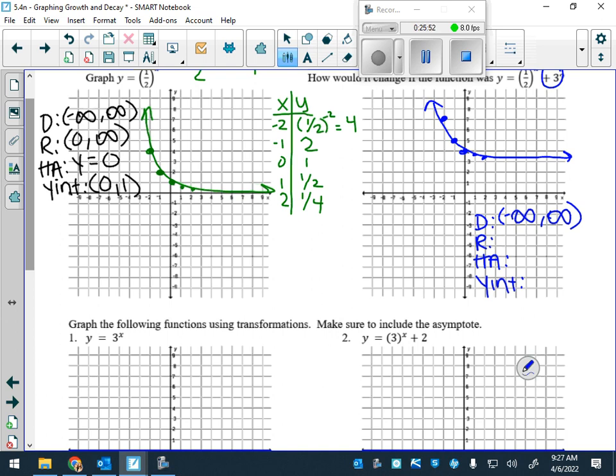Careful, careful. 3 to infinity. Why is it 3 to infinity? Coop? Why does it get closer to 3? Good. Yep.